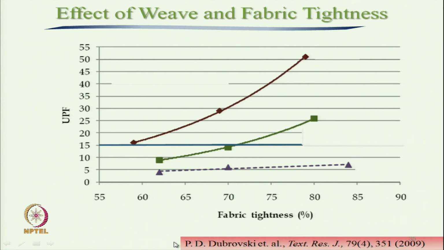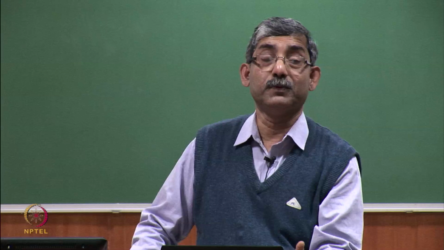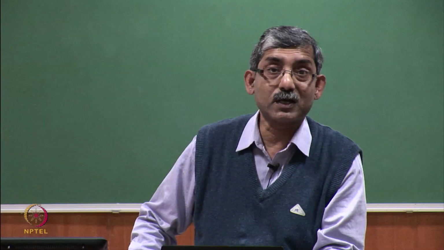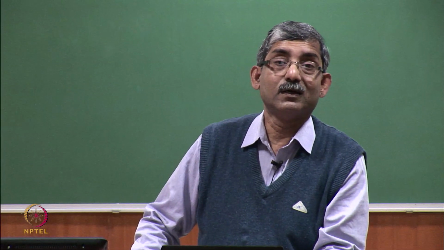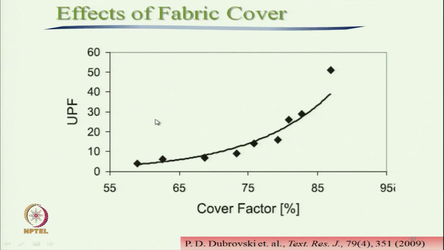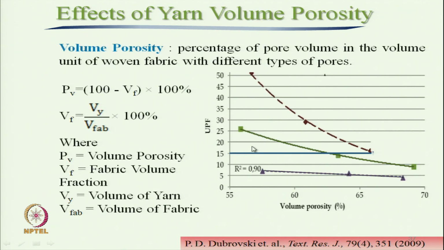Similarly, as we increase the fabric tightness, the UPF increases. So, to have higher UPF, we must use coarser yarn with tighter fabric structure, like as cover factor increases, UPF increases. So, we get similar trends.